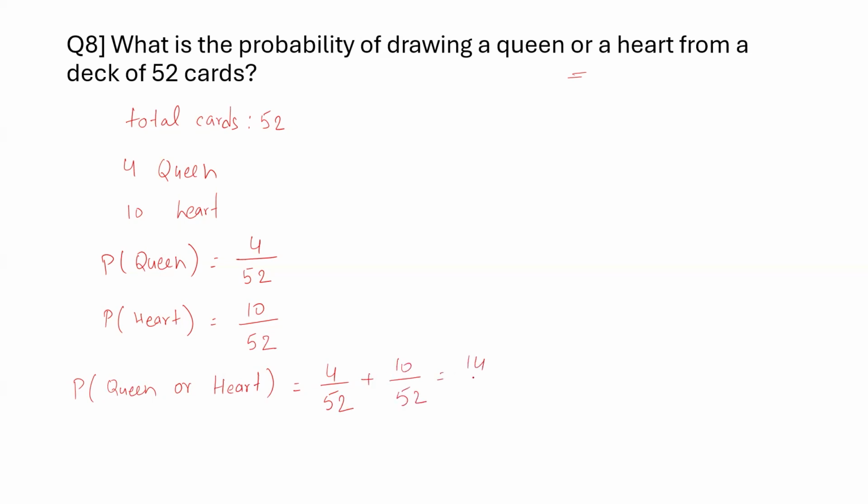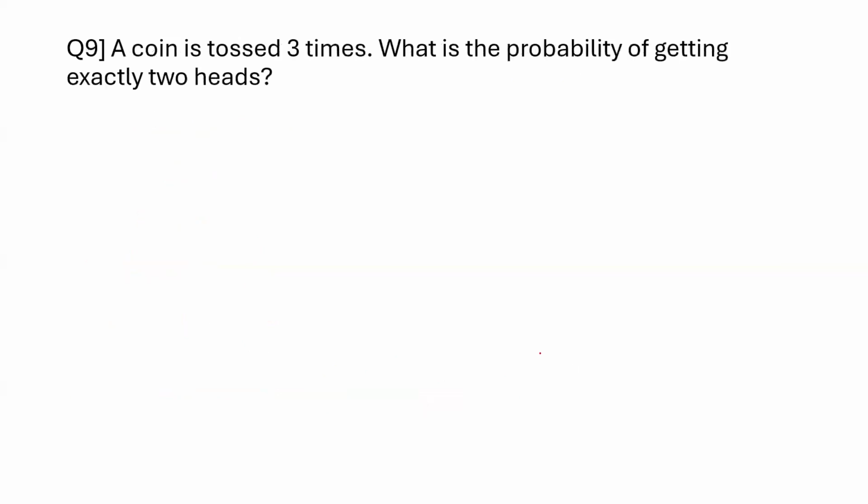So that is 14 upon 52. You can simplify it a bit. 7 upon 26. So this is your final probability. So you are picking one card. It can be queen or heart. So compute the probability of individual events and then add them up if you are interested in the "or" case.